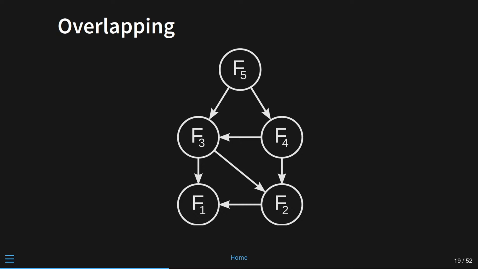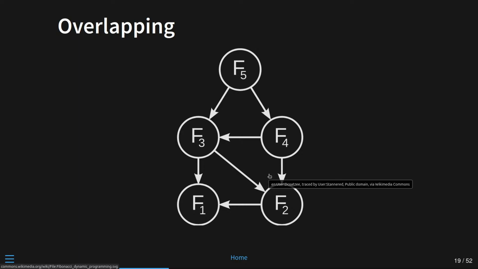Here's the counterexample, which is the Fibonacci sequence. This is a representation of the Fibonacci sequence. How so? The third element of the Fibonacci sequence is based on the first and second element. The fourth element is based on the third and second. That means both the third and fourth element of the Fibonacci sequence care about the second element of the Fibonacci sequence. The fifth cares about 3 and 4, and so on.